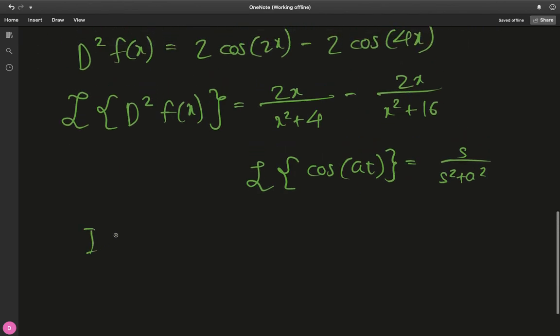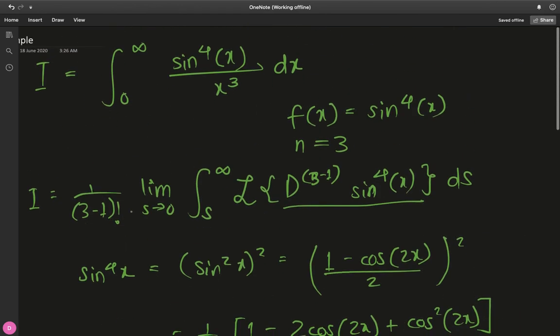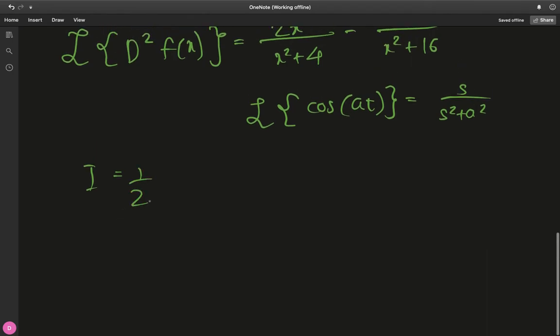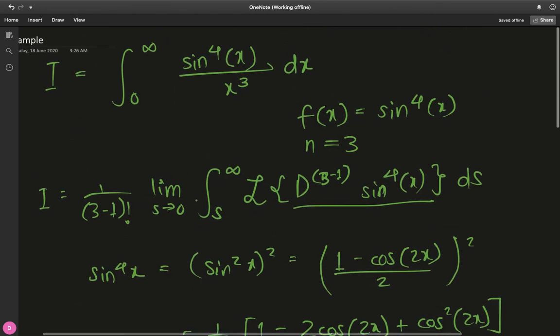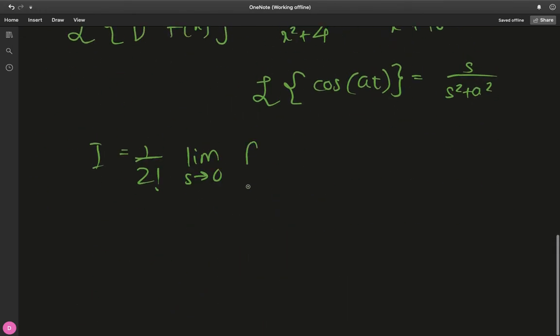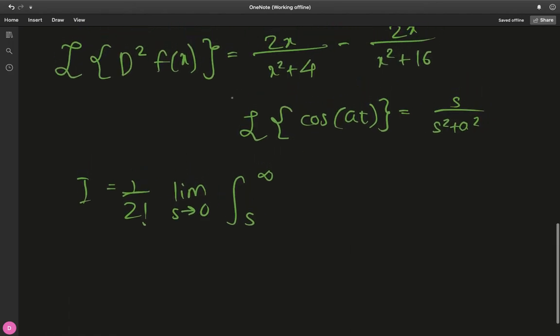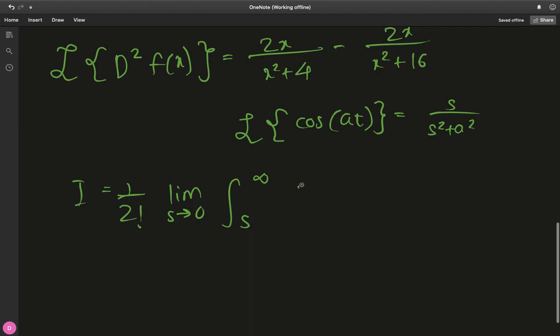So our I is nothing but, if you go up ahead, 1 over 2 factorial times the limit as s tends to 0 of the integral from s to infinity of, we found out the Laplace transform part. So 2s divided by s squared plus 4 minus 2s divided by s squared plus 16.